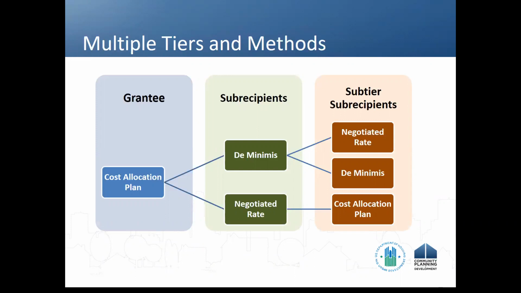So if a subrecipient receives federal funding from two different agencies, and those agencies each utilize a different indirect cost method, both agencies cannot require the subrecipient to utilize their preferred method without violating the requirement that one method be used consistently for all federal awards. The illustration simply shows that it doesn't matter which method each grantee, subrecipient, and sub-tier subrecipients use, so long as they select one method and use it consistently across all federal awards.